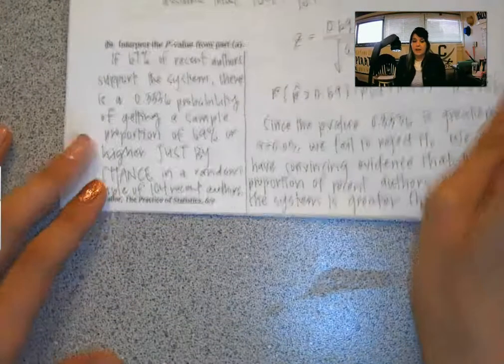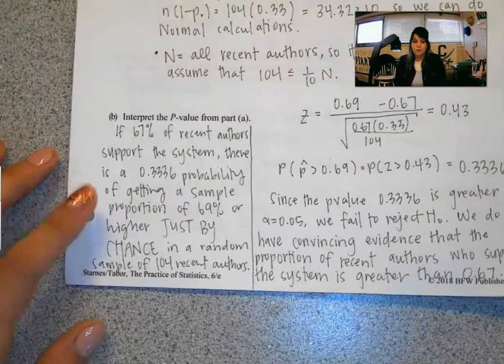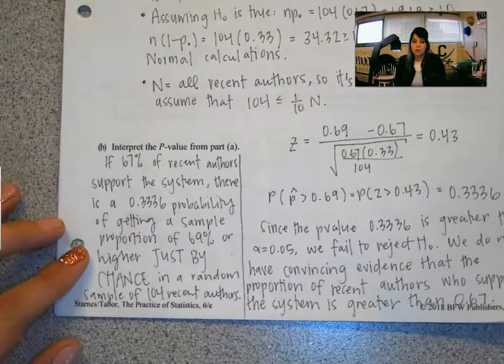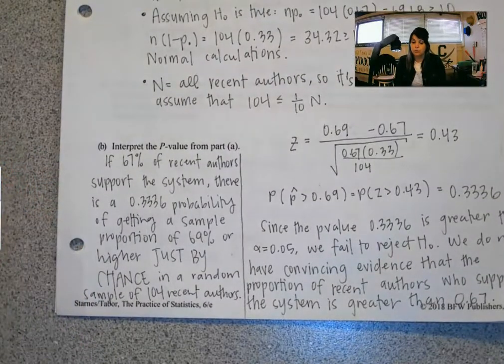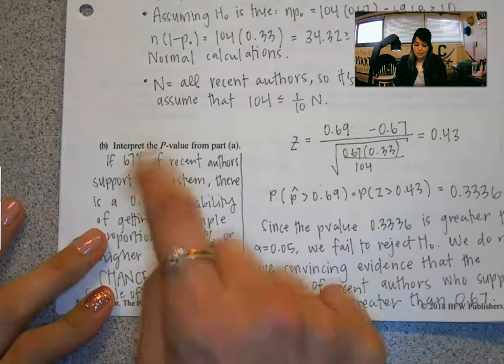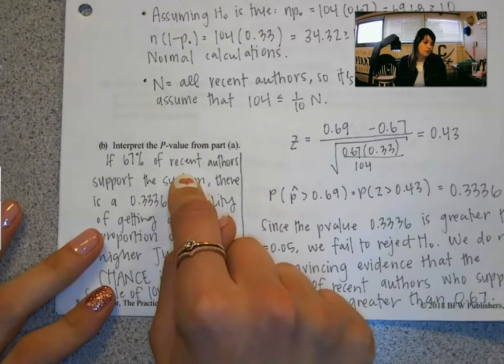And then I actually just talked about that, kind of interpreted the p-value. So remember, p-value is always if the null is true, what is the probability we would get the sample value that we got or a sample more extreme? So in 67% of the recent, this reminds me of the other thing I was going to tell you. The sample and the population that you are investigating is recent authors that support the system.